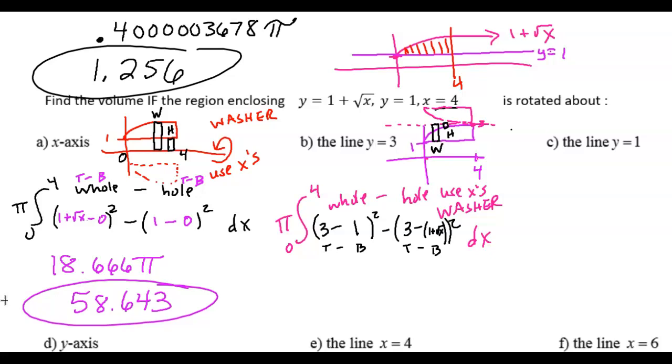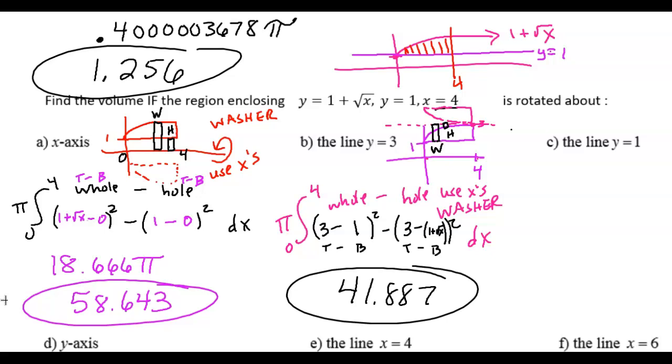I'm missing. Yeah, okay. I'm just double checking my calculator. Okay, so I got 41.887.